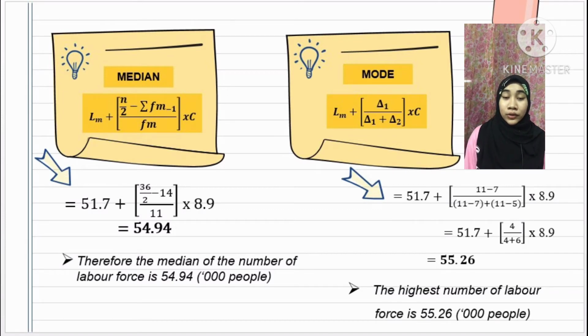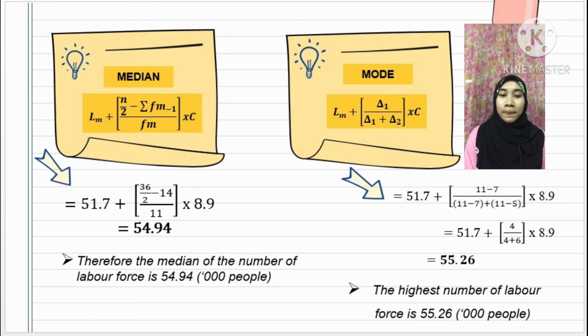Okay, continue this calculation. 51.7 plus bracket 4 divided by 4 plus 6 close bracket multiplied by 8.9 equals 55.26. The highest number of labor force is 55.26, similar to 55,260 of labor force.